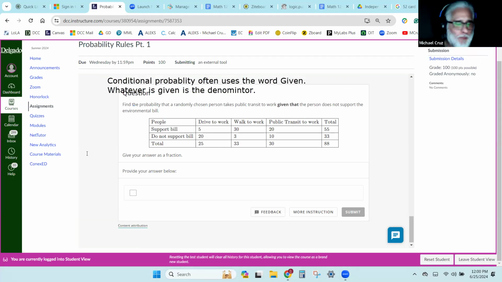Let me try to explain, because that's the condition. In this case, the condition is the person does not support the environmental bill. All right. So I'm going to go to that one, and I'm going to go over to the total. See that? There's the do not support. And it's a total of 33.